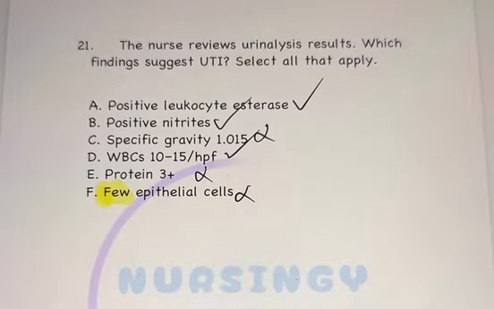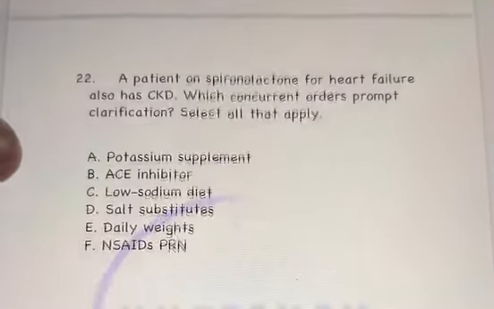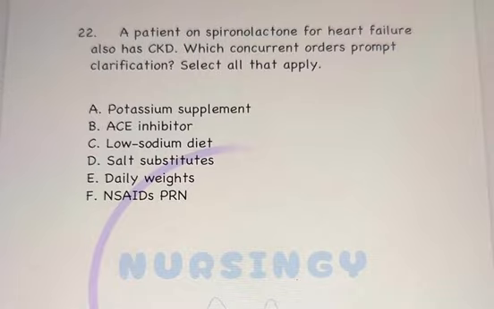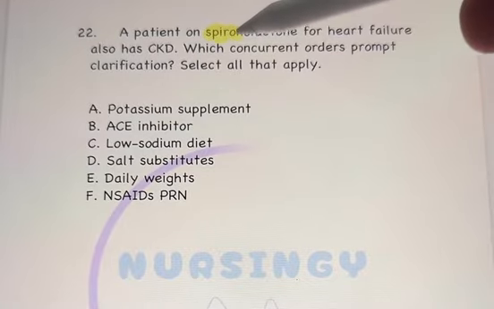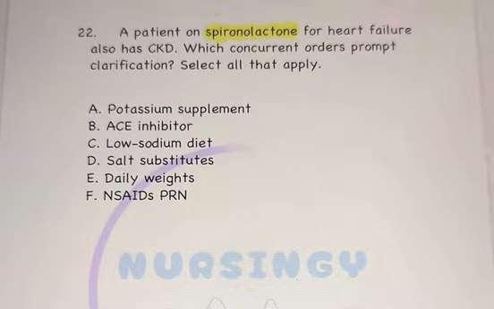Alrighty, question number 21. We are aiming for 30 questions today, so let's ace it. A patient on spironolactone for heart failure also has CKD. Which concurrent orders prompt clarification? Select all that apply. So we know spironolactone is a potassium sparing diuretic, but here the patient also has CKD, so we have two things going on.